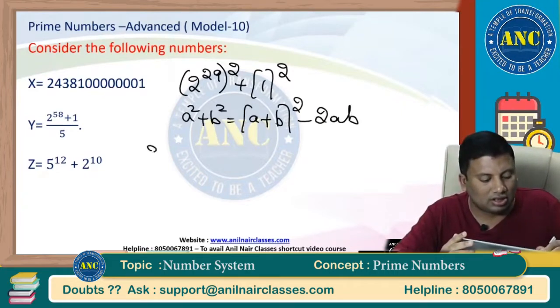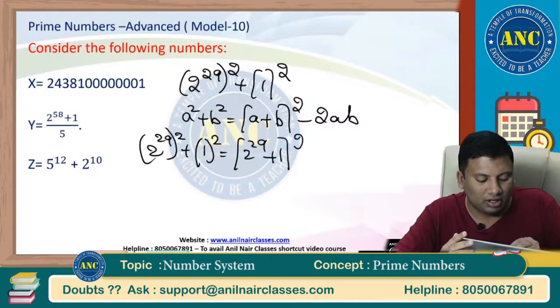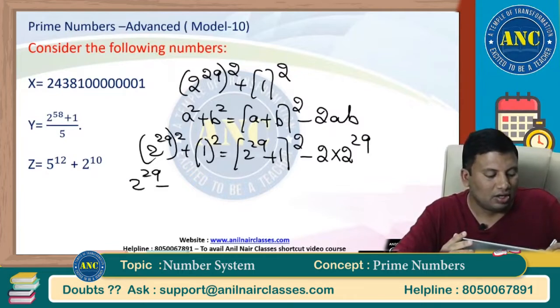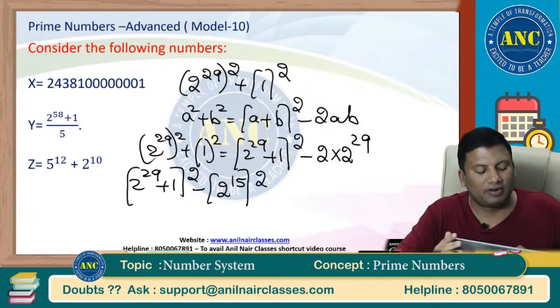So this is (2 power 29 plus 1) whole square minus 2 into 2 power 29. This is (2 power 29 plus 1) whole square minus 2 power 30. So it is (2 power 15) square.